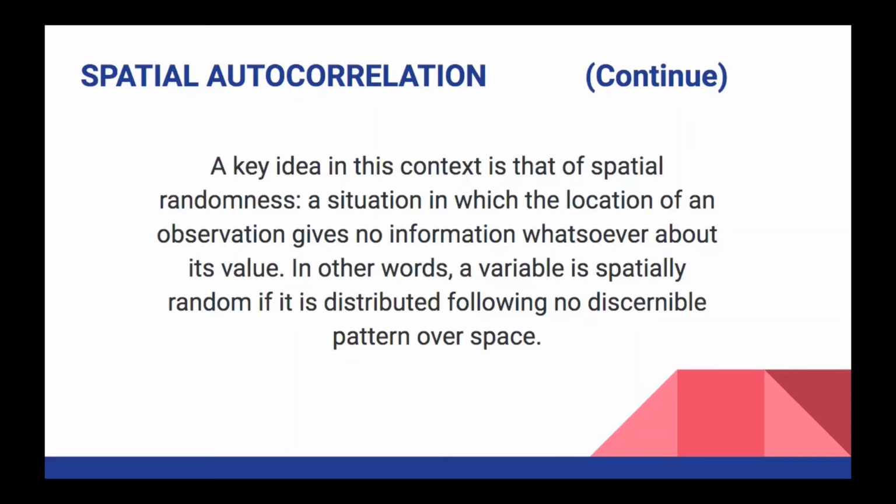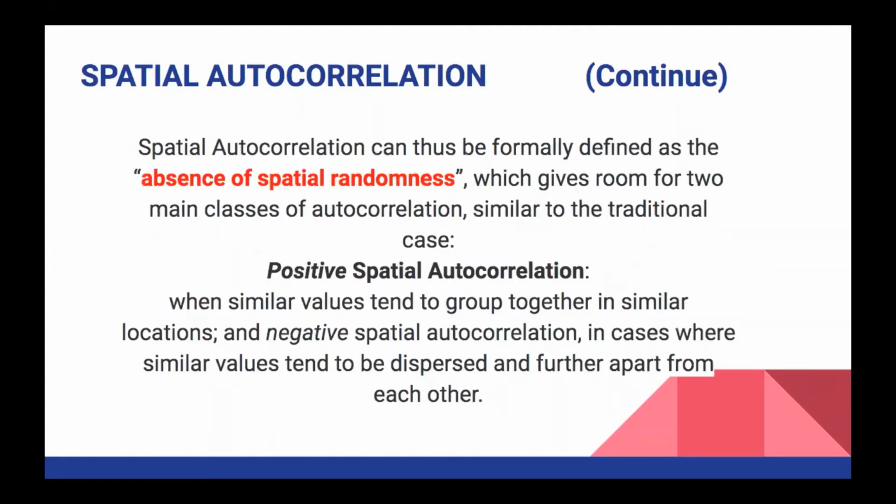If it doesn't have a pattern of movement, then we cannot ascertain that that number is really an observation, but rather a random figure. So spatial autocorrelation can thus be formally defined as the absence of spatial randomness.